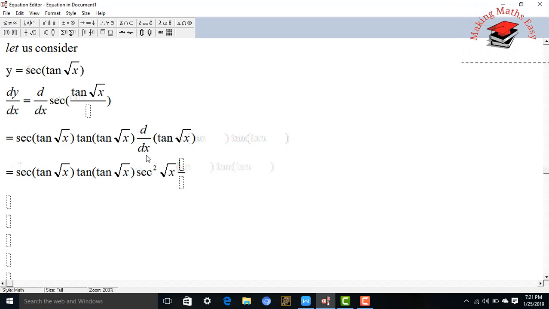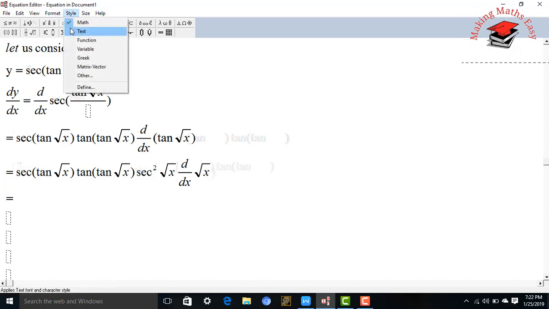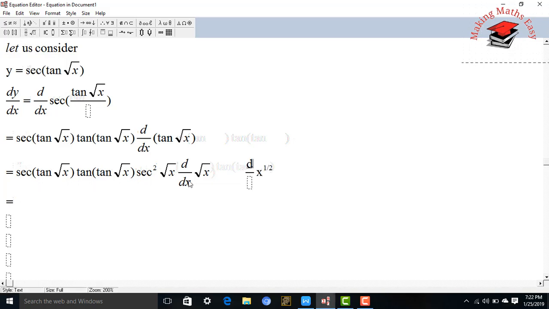So for that you find d by dx of square root of x. Now we know that the derivative of square root of x is equal to 1 by 2 root of x. As we know that square root of x is equal to x to the power of 1 by 2, finding the derivative of this particular function, d upon dx equal to n into x raised to n minus 1.